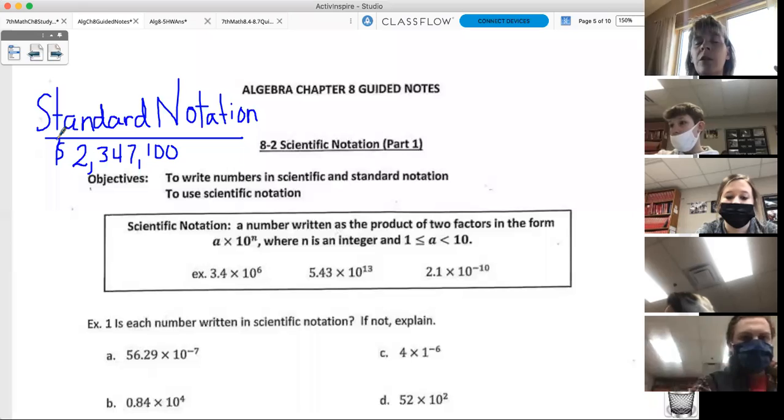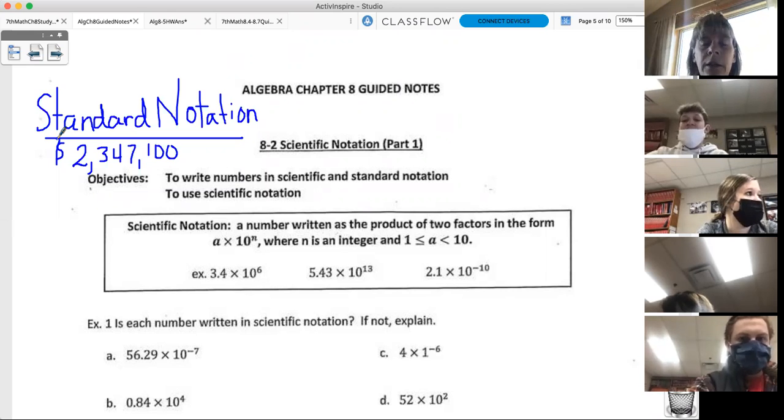A very small number might be the weight of an atom. So what they came up with is this standard way of writing very large and very small numbers so that everybody could understand the shorthand.